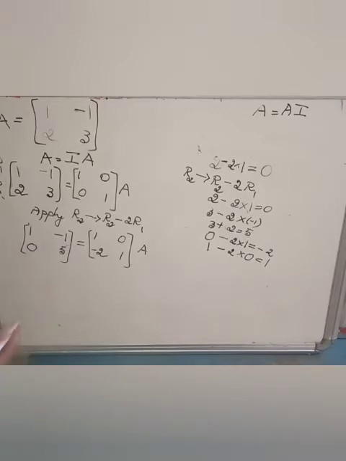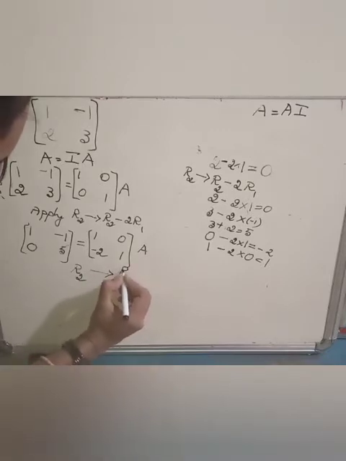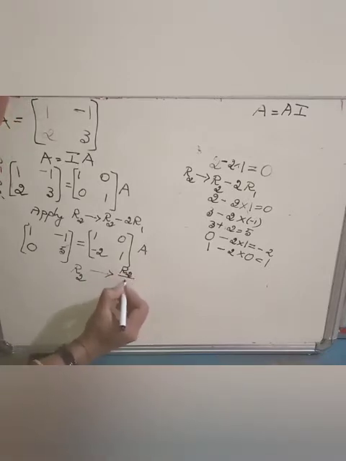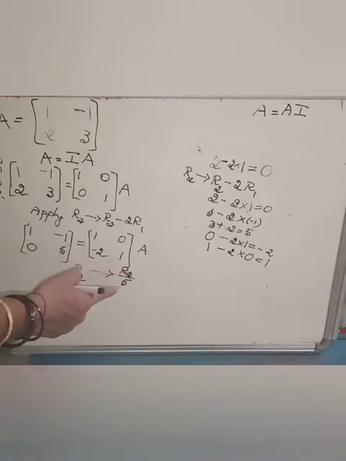The change is in R2, because this lies in the second row. What is the change? The entry of R2 divided by 5. So if I divide this entry by 5, that gives 1 instead of 5. Okay. R2 gives R2 divided by 5.